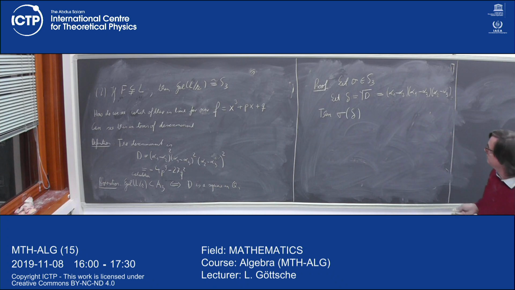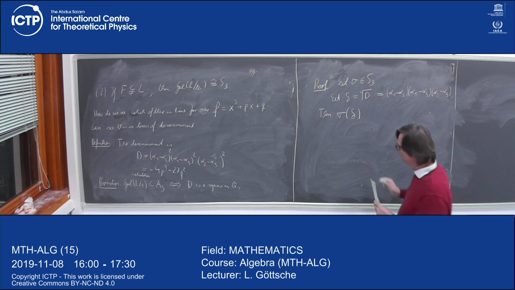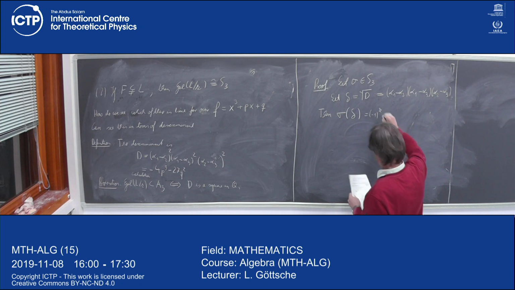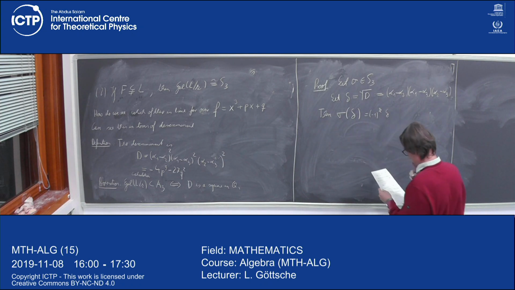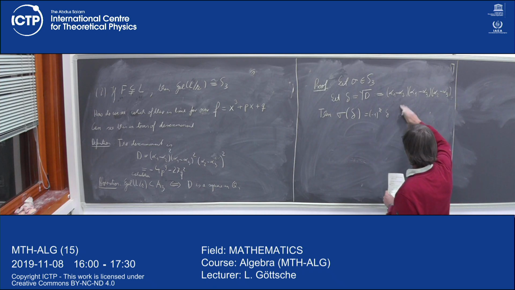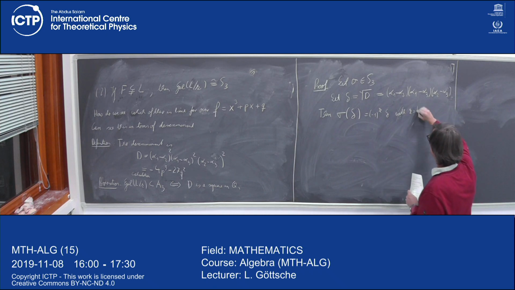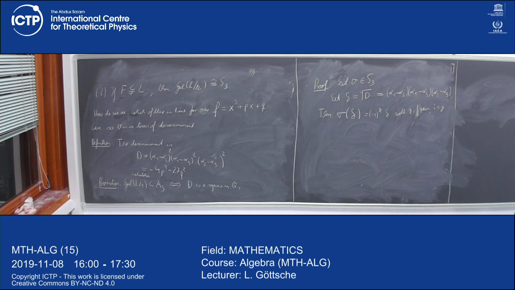And the other ones don't. So we see that sigma of delta is equal to minus 1 to the k times delta, where k is the number of pairs i smaller than j between 1 and 3 such that sigma of i is bigger than sigma of j.